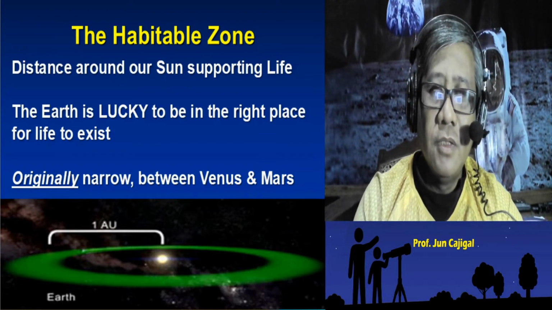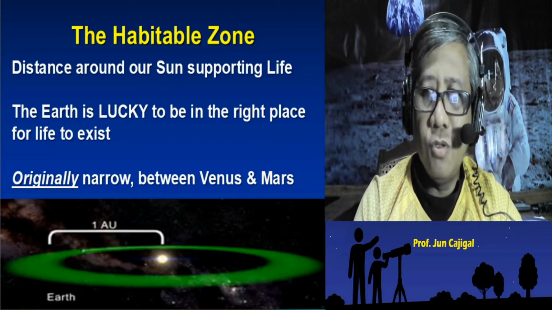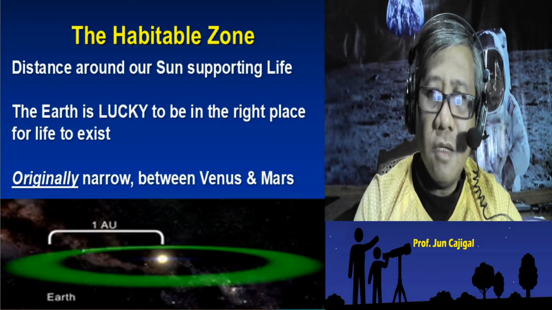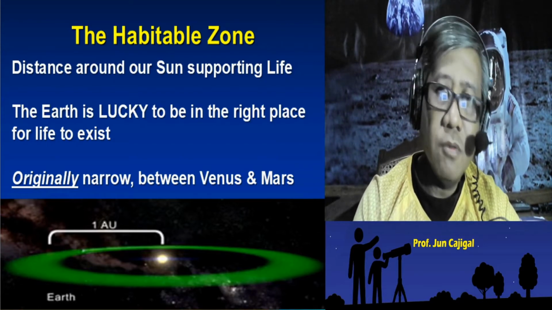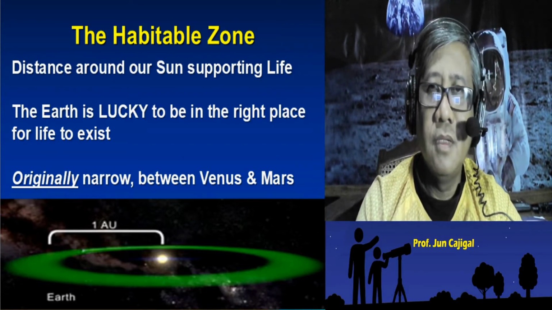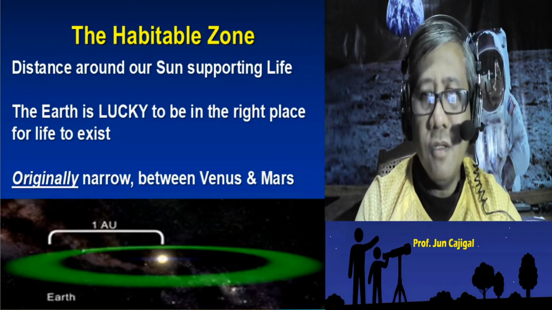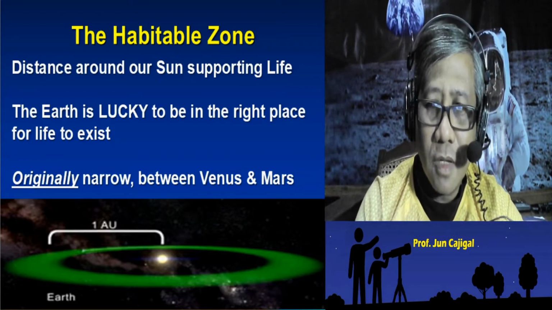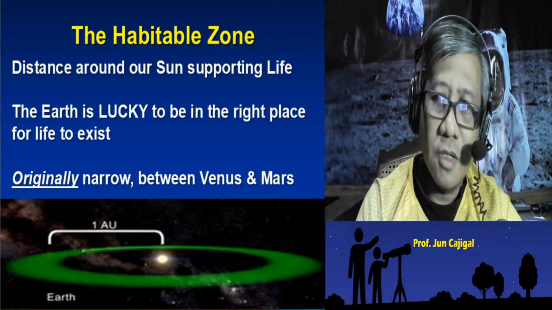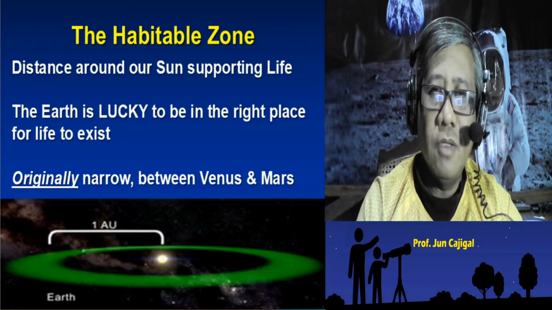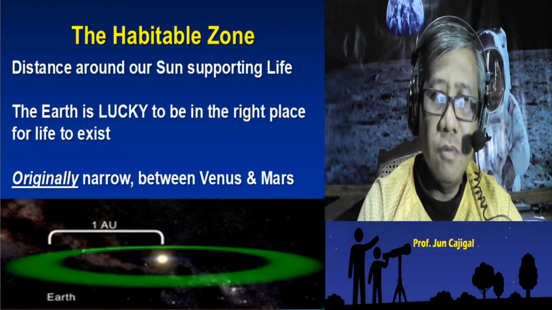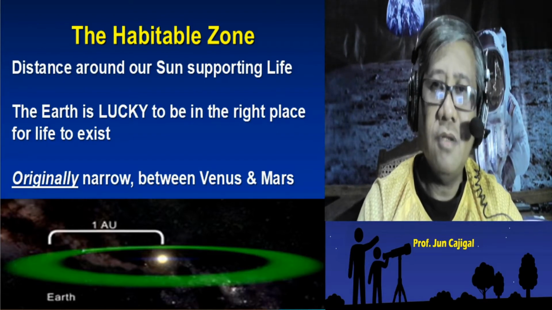Diba? So, when Goldilocks tried to sleep dun sa malaking kama, hindi siya makatulog kasi sobrang laki. And she tried to sleep dun sa maliit na kama, hindi rin siya makatulog dahil masyadong maliit. But when Goldilocks tried to sleep dun sa medium-sized na kama, nakatulog siya.